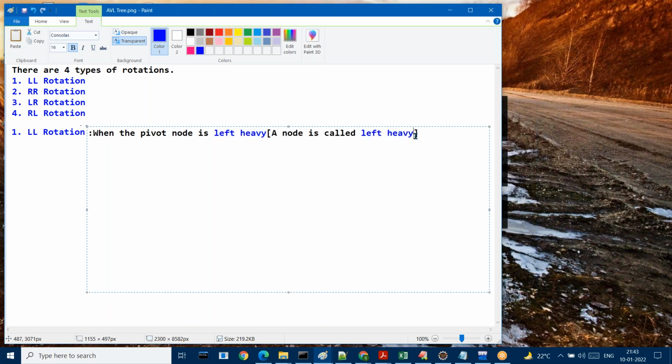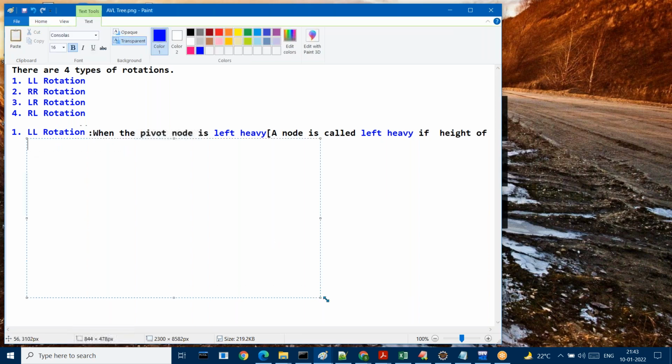A node is called left heavy if the height of its left subtree is one more than the height of its right subtree.